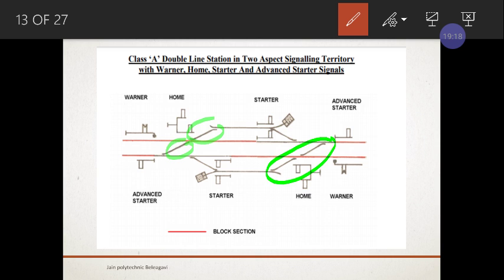It is a crossover, because between the two parallel lines it makes a crossover, and there are no other crossings. It is the first type of crossover which we learned in the first part of your fifth unit. This is what the functions of the various signals are, and these are the minimum requirements of signals in class A stations.